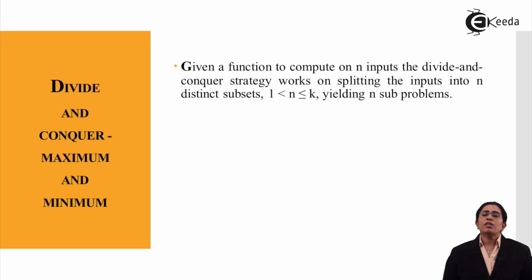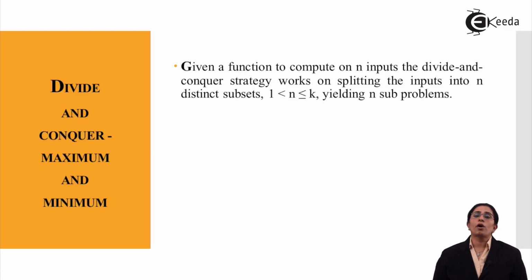Now, how does the divide and conquer strategy work? Given a function to compute on n inputs, the divide and conquer strategy works on splitting the inputs into k distinct subsets, 1 less than k less than or equal to n, which yields k sub-problems.